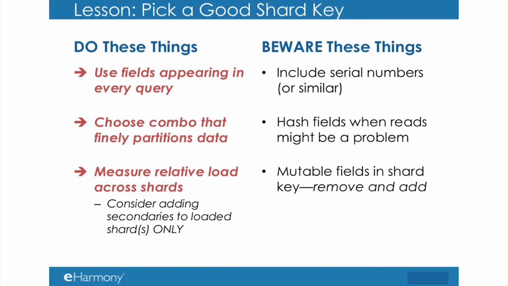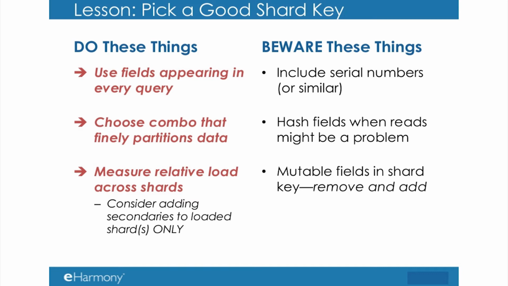So look at sharding based on fields that you have in every query, if you do indeed have fields in common like that. And look for a combination that will pretty finely partition your data, so that based on the shard key alone, Mongo is going to be able to do a lot of work for you on your behalf and execute your query very efficiently. And while you do that, take a look at the relative load across your shards.